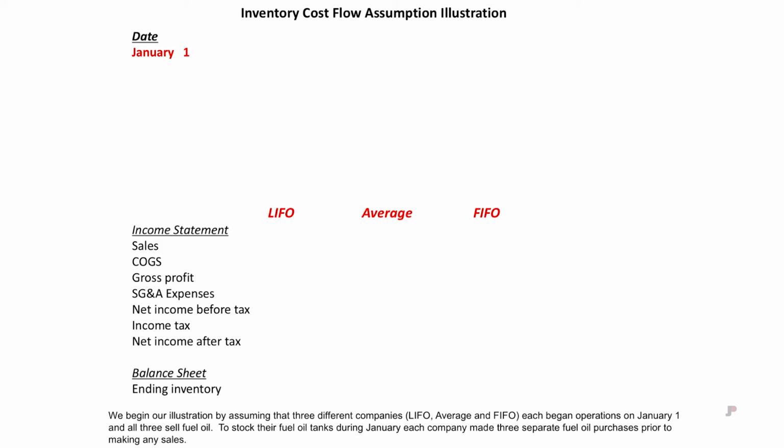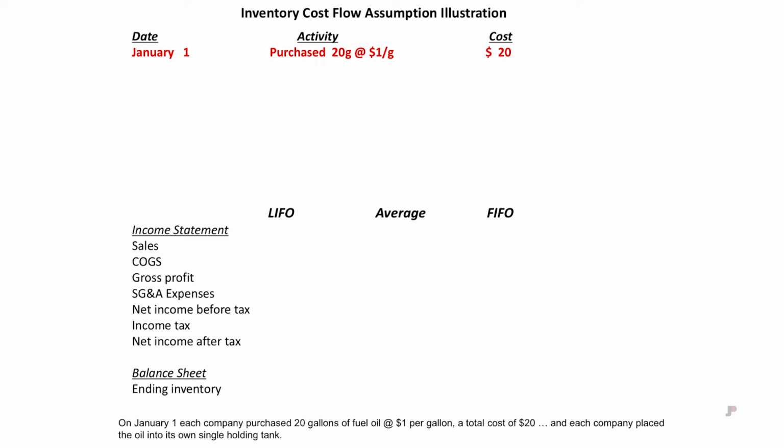To stock their fuel oil tanks during January, each company made three separate fuel oil purchases prior to making any sales. On January 1, each company purchased 20 gallons of fuel oil at $1 per gallon, a total cost of $20. And each company placed the oil into its own single holding tank.